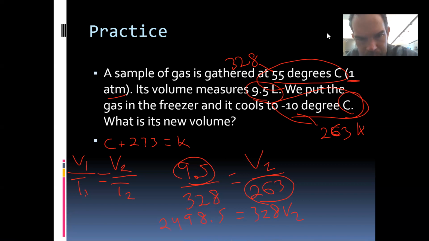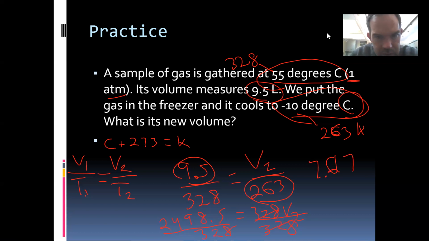So I'm going to divide both sides by 328. That'll get rid of the 328. Bye-bye. So 2498.5 divided by 328, and I'm getting 7.617. That's a lot of numbers there.